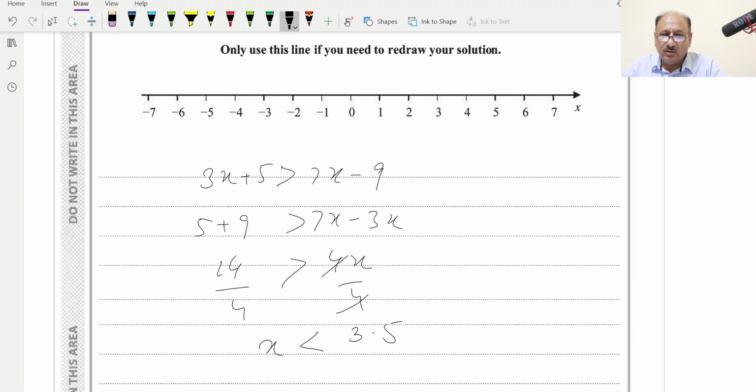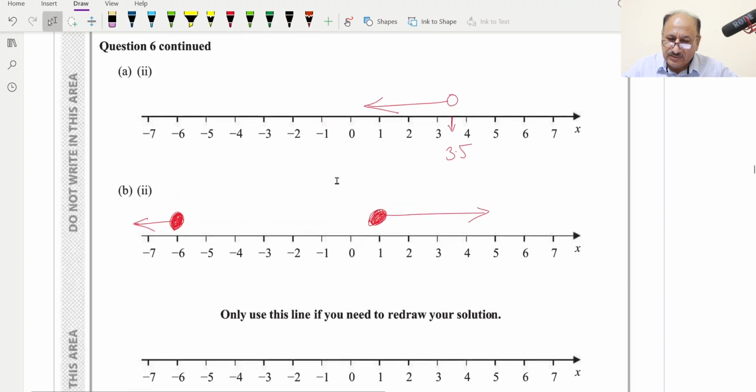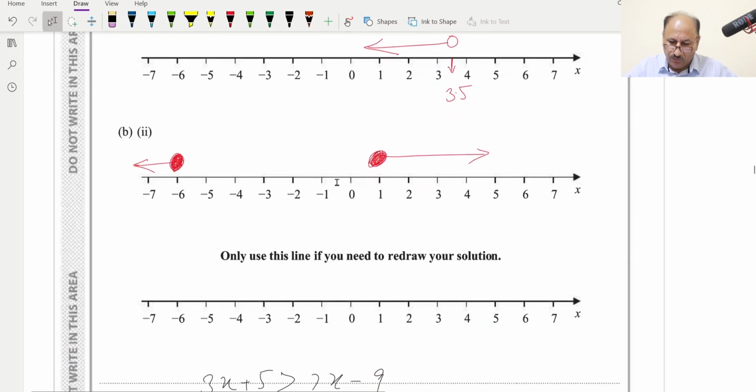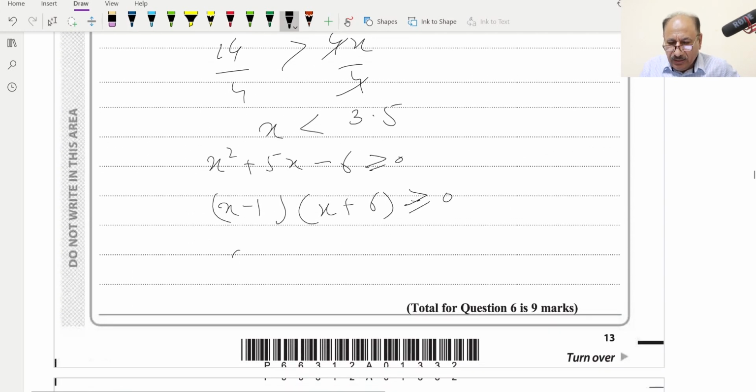And if we solve that quadratic inequality which we have already solved, x square plus 5x minus 6 is greater than or equal to 0, we found the factors x minus 1 and x plus 6, you remember, is greater than or equal to 0, and the solutions were x equal to 1 and x equal to -6.